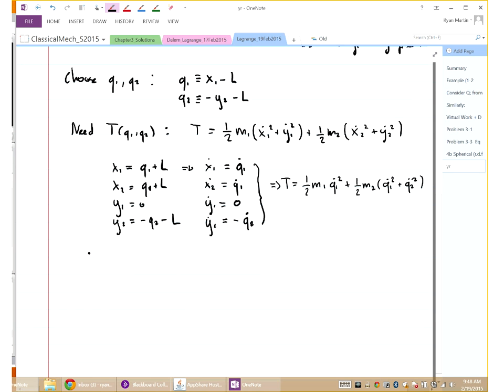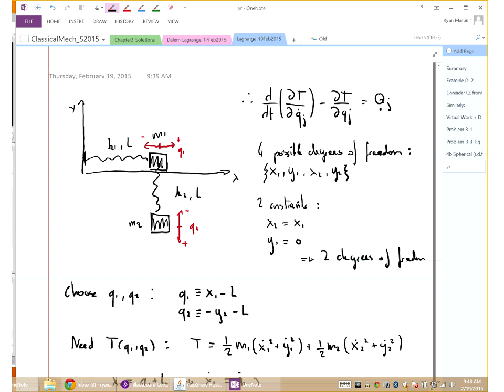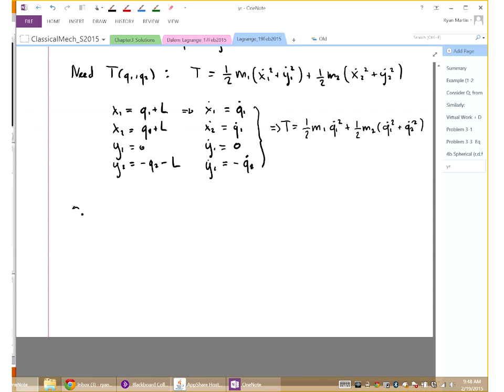So what we further need now is to calculate the generalized forces, the capital Qj term. So Qj, the generalized force, is the sum over all the forces of that force dotted with dRi by dQj. And remember, in this case there are only two Qj, Q1 and Q2.